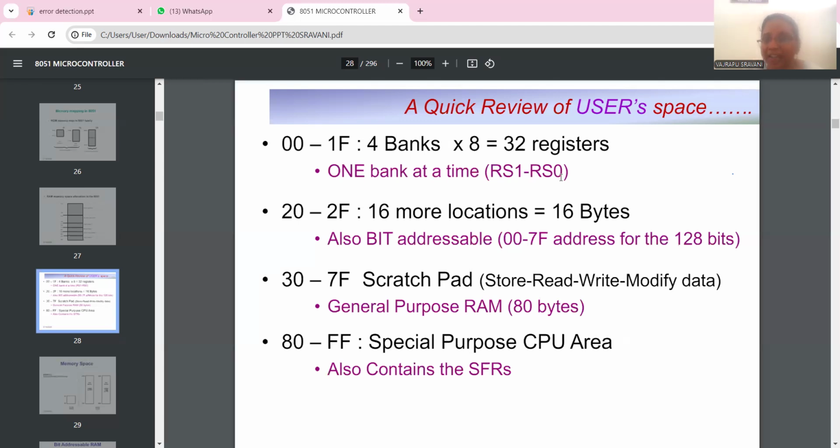The program status word, PSW, has some flags: overflow flag, carry flag, auxiliary carry flag, parity flag. RS0 and RS1 are also flags.